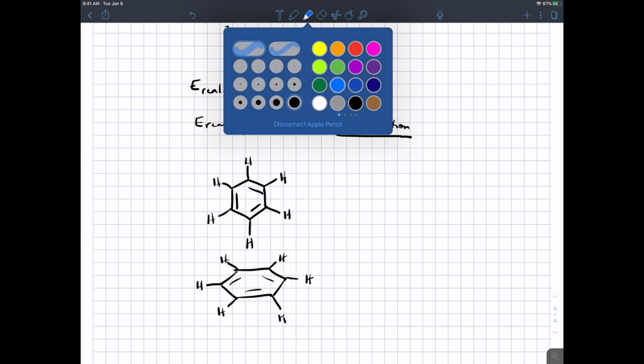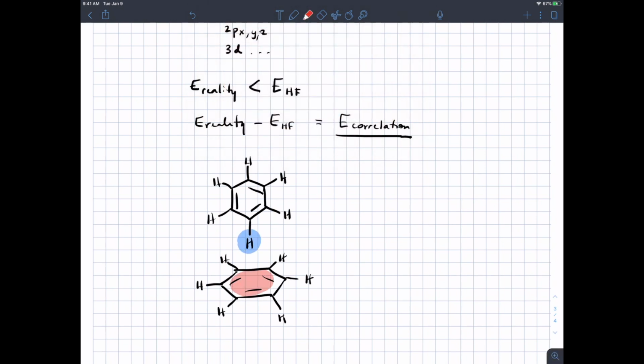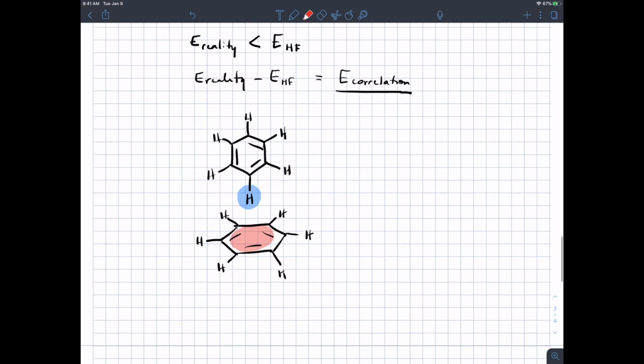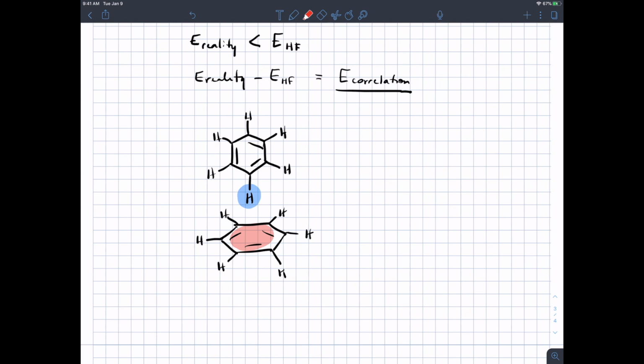Electrostatic potential maps use blue for electron poor. It sort of looks like a sad benzene ring there.